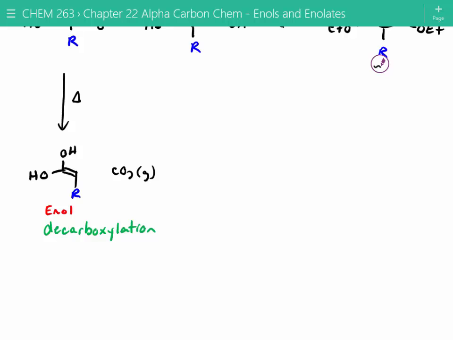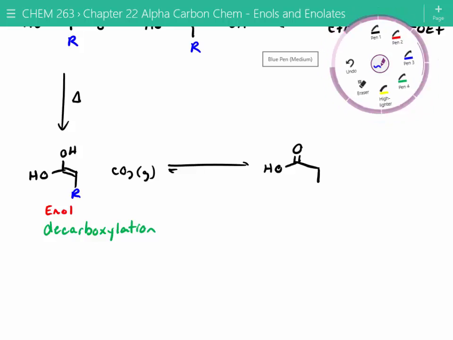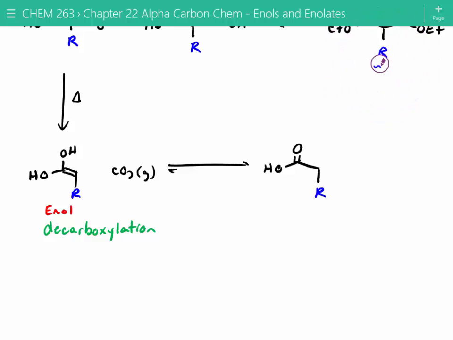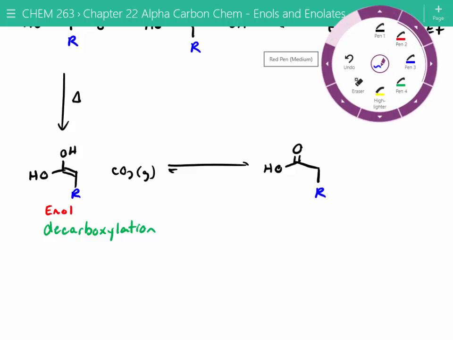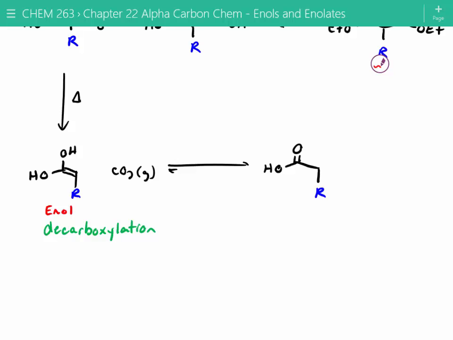Yeah, in this case, it'll tautomerize into a carboxylic acid. The equilibrium is very, very favorable. And we've installed that R group in the alpha position of acetic acid. So it's kind of a nifty synthesis in order to make functionalized carboxylic acids.